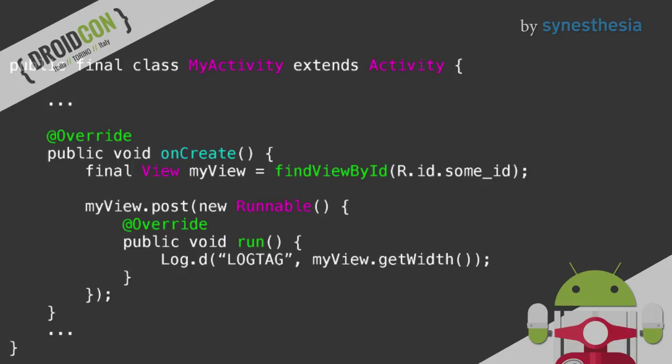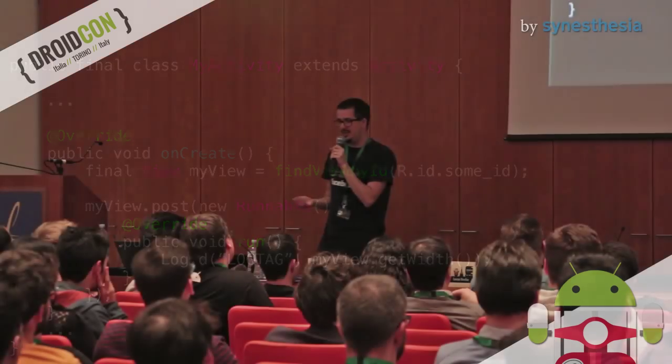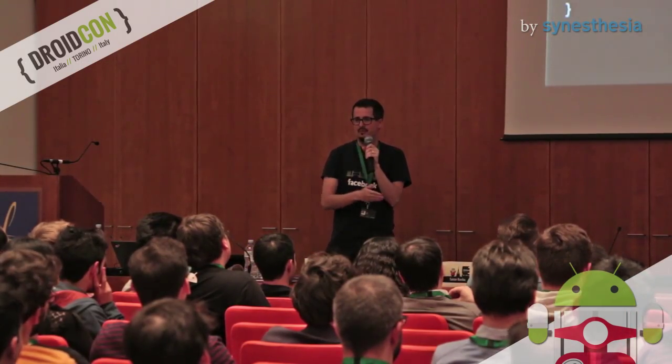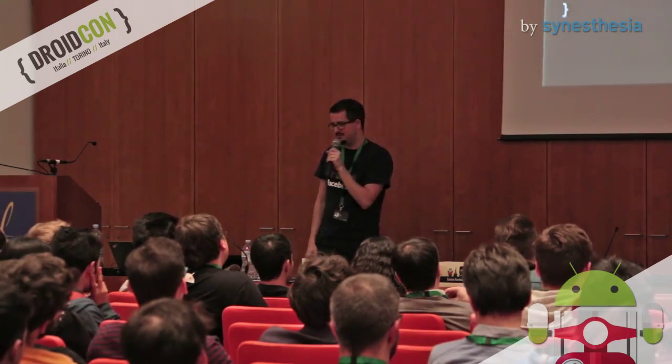But the thing is, this just happens to work by chance. You're not actually being deliberate with this code, because posted runnables on the main thread have no connection with how the UI framework works. You cannot guarantee that it will be called before or after the next layout traversal.